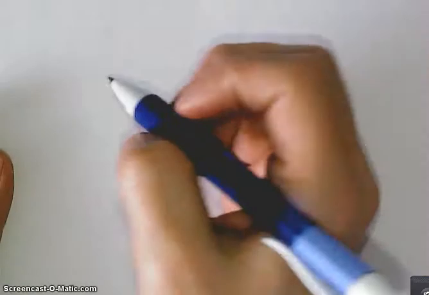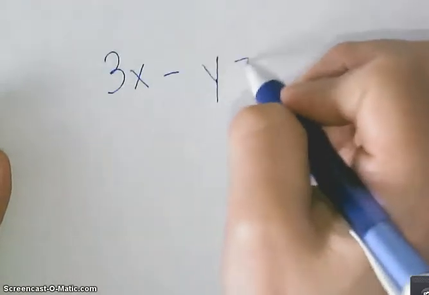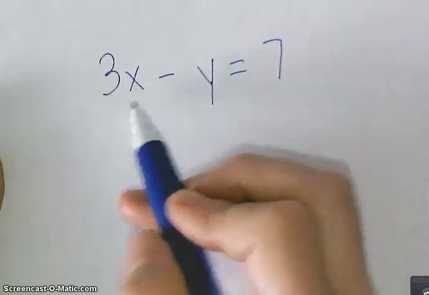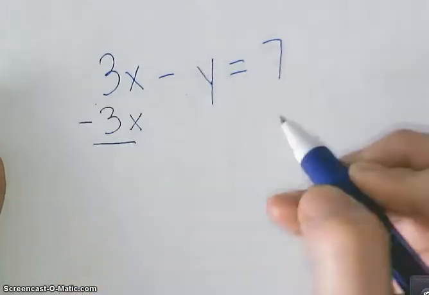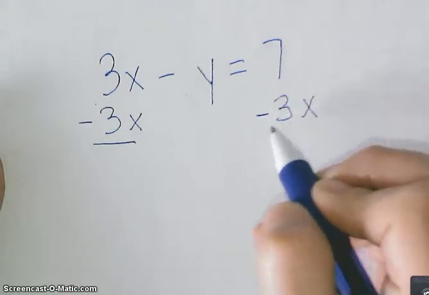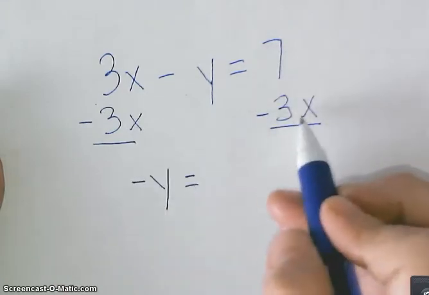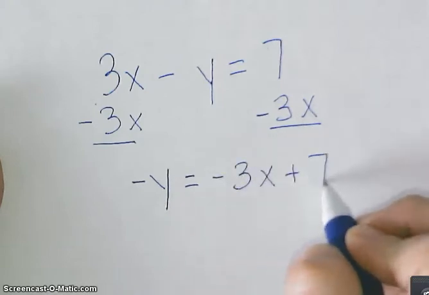Okay, what I would like you to do is flip over your notes really quickly, and I just want to do maybe 1 or 2 more questions. If I have 3x minus y equals 7, I want to solve for y, which means I want to subtract 3x on both sides, and then I get negative y equals, writing my x first, negative 3x plus 7.